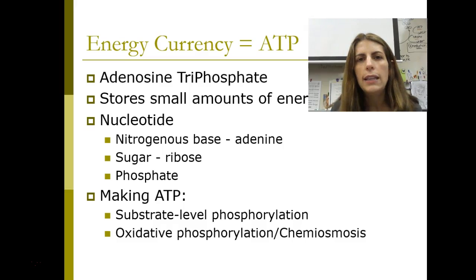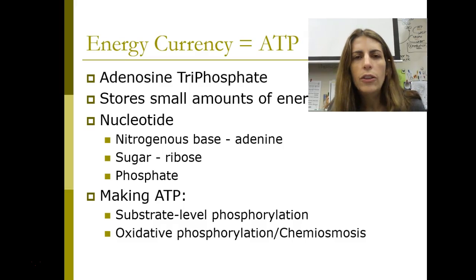So we need this process in order to maintain our homeostasis with our own internal temperatures. Ectotherms rely on their environment. We are endotherms, endo meaning in, so we rely on internal temperatures to be set for us, and that takes a lot of energy. Thankfully, we don't have so much energy stored in a molecule where we spontaneously combust. It'd be bad.